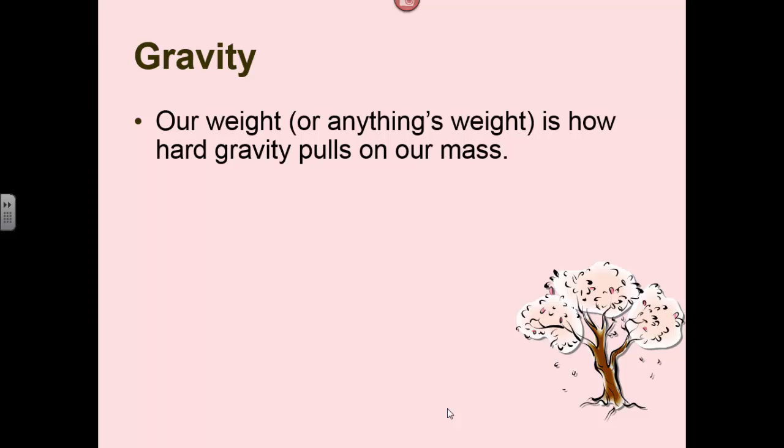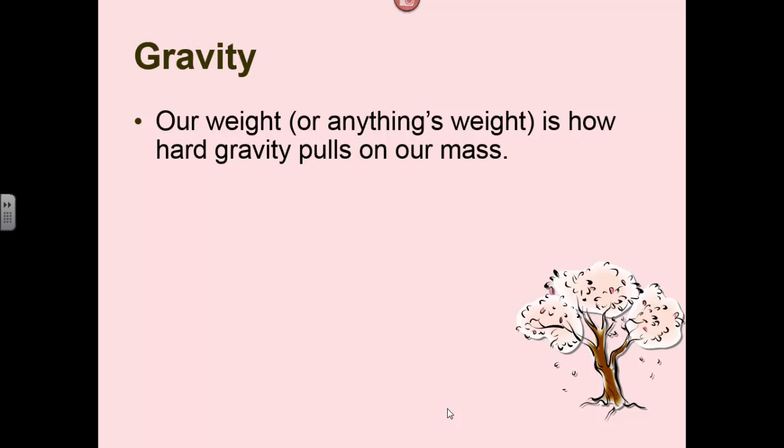We do, however, need to talk about the difference between weight and mass. In our everyday speech, we use these words interchangeably. They kind of mean the same thing when we're just talking in our normal vocabulary. Our weight, or anything's weight, however, when we talk about science, is how hard gravity pulls on our mass.